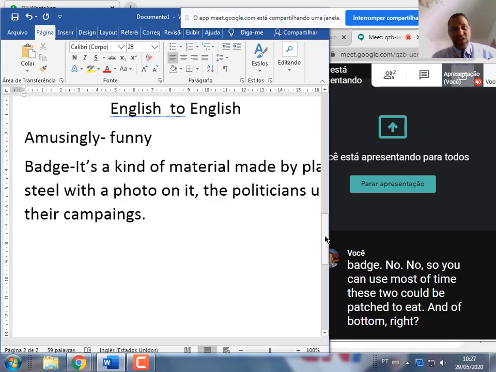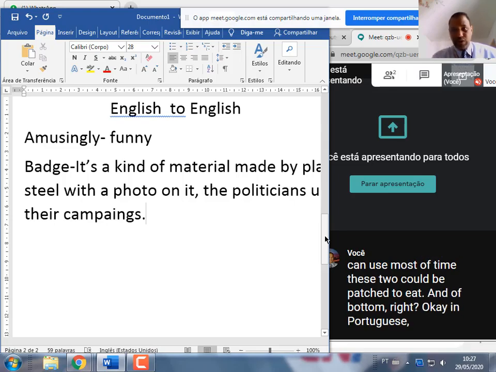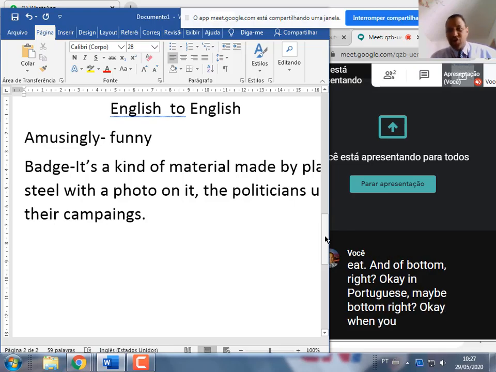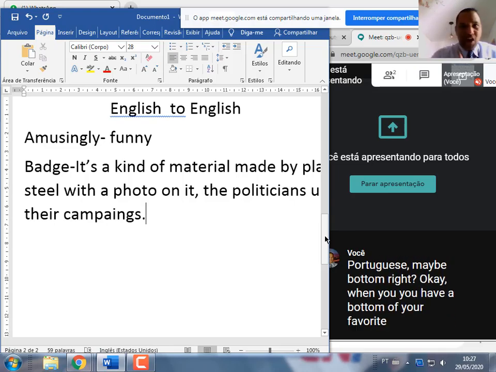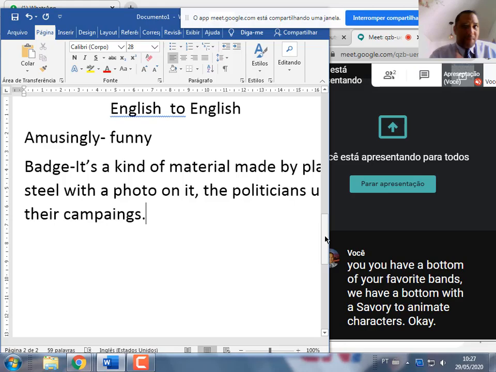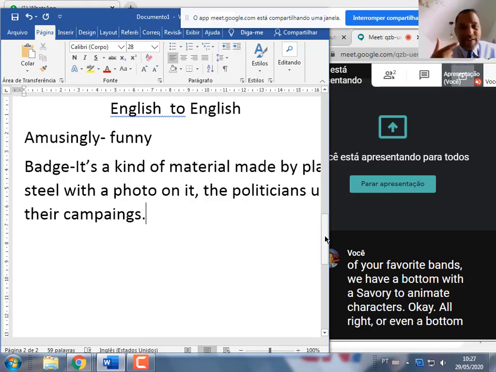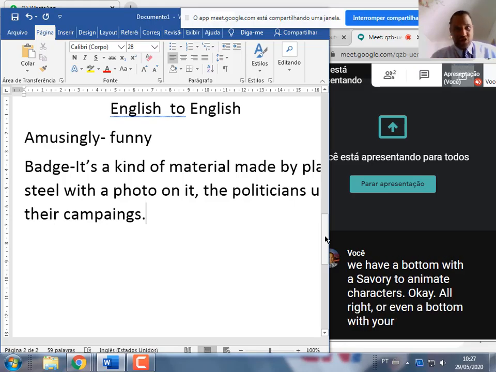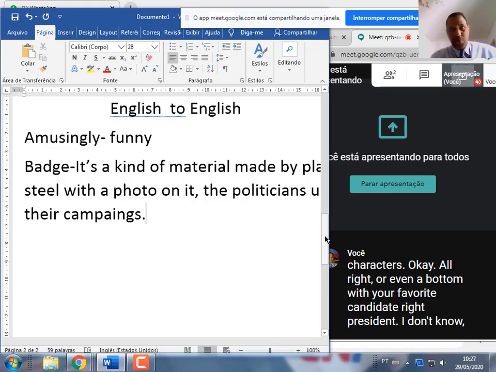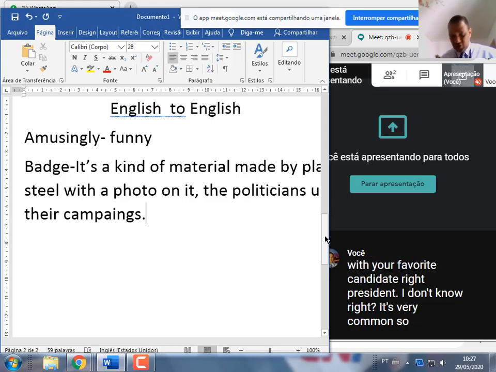Okay, in Portuguese maybe botton, right? When you have a button of your favorite band, or a button with your favorite anime characters, okay, or even a button with your favorite candidate, president, I don't know, right? It's very common. So badge is this.